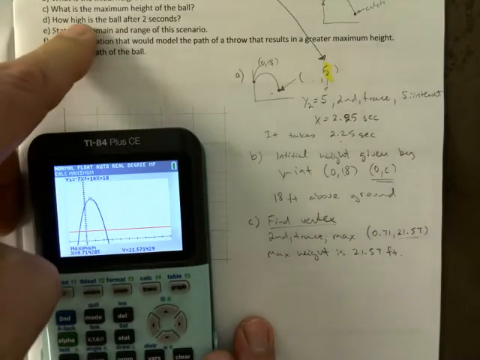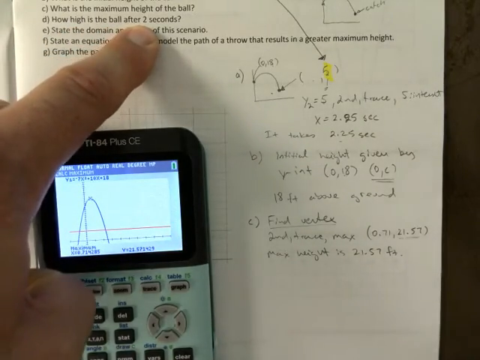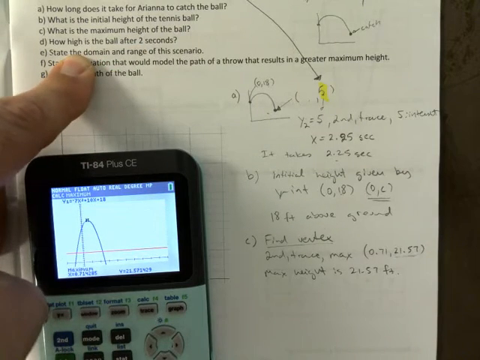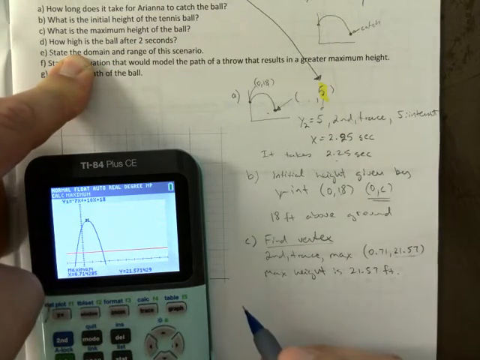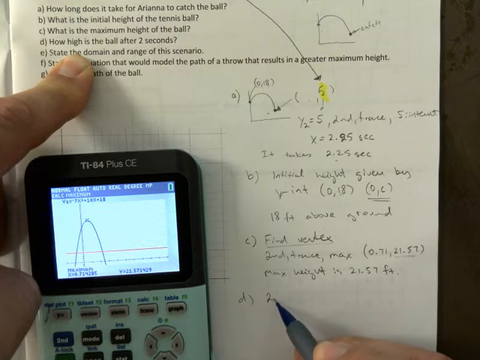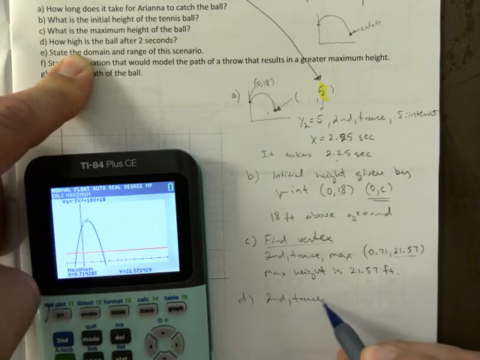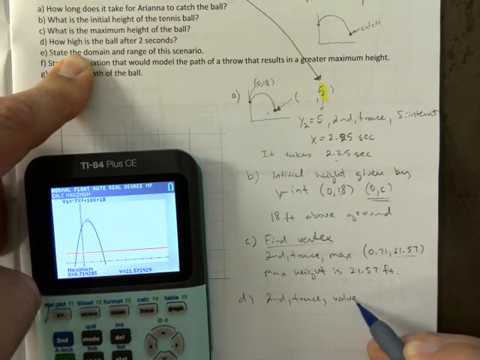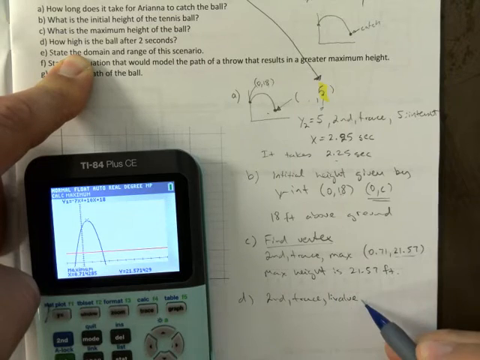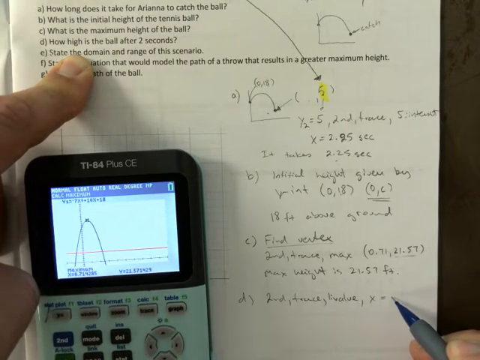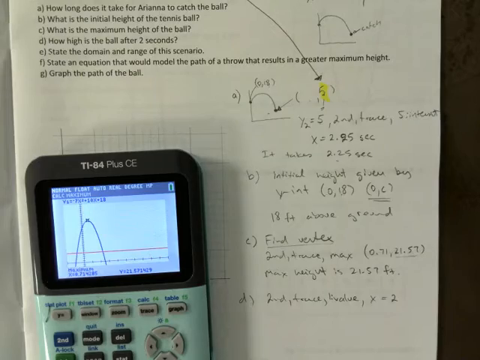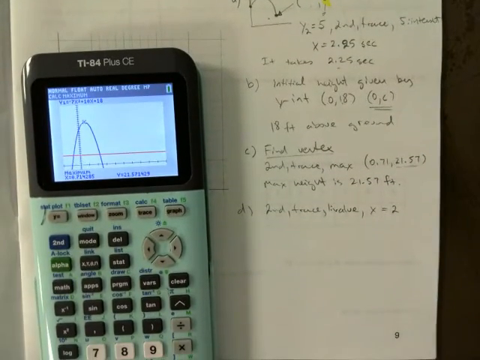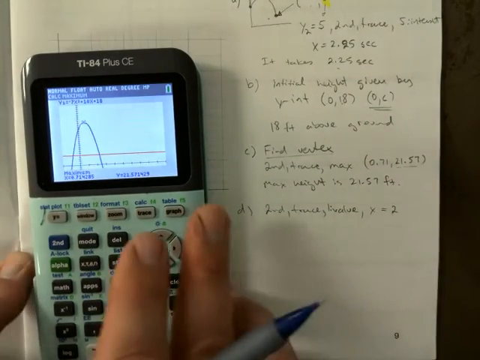Next, D. How high is the ball after 2 seconds, right? They're giving you the time, right? So we're going to go second, trace, value, right? That's the first option, by the way. And we're just going to type in x is equal to 2 seconds. So let's go ahead and do that.